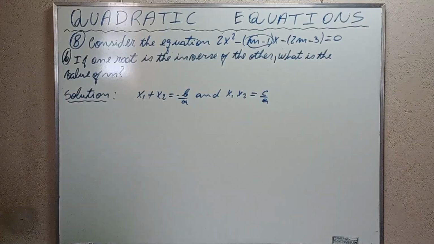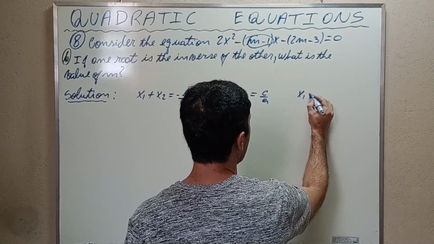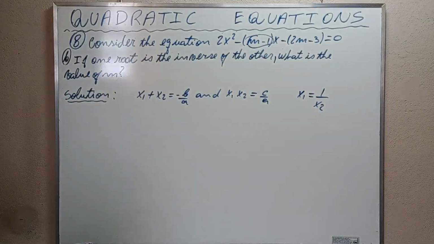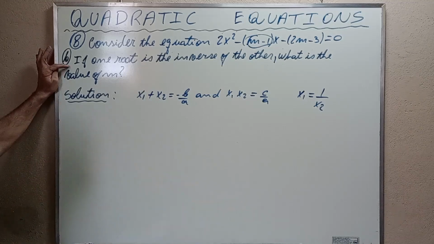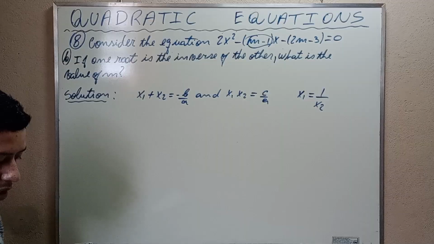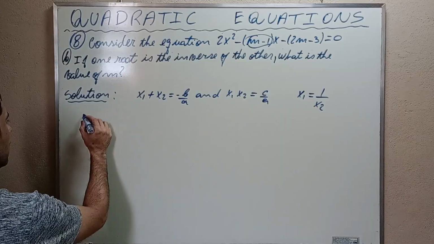And as the exercise imposed, x1 has to be the inverse of x2, okay? This is the condition of the exercise. The exercise stated, if one root is the inverse of the other, what is the value of m? Alright? Then we are going to use these conditions.